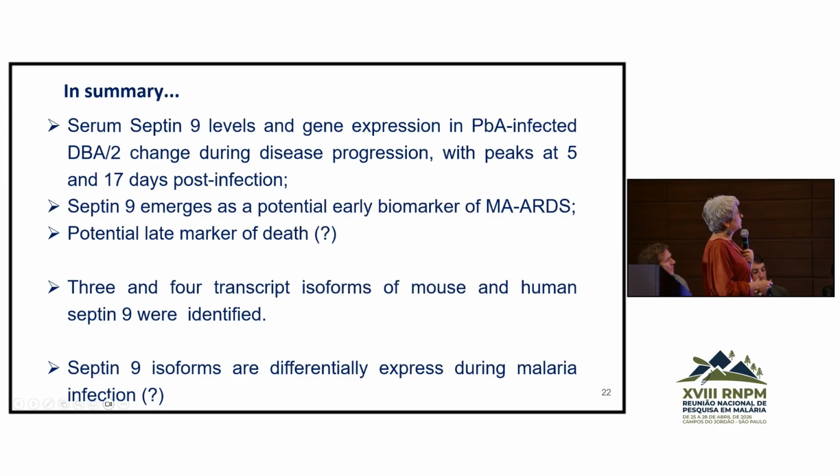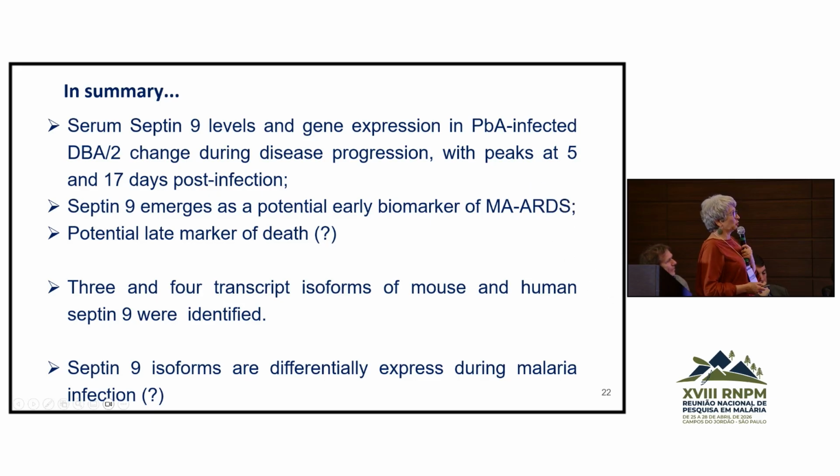To conclude, we saw that the gene expression and the production of septin 9 protein in the serum vary throughout the infection, with peaks at 5 and 17 days post-infection.